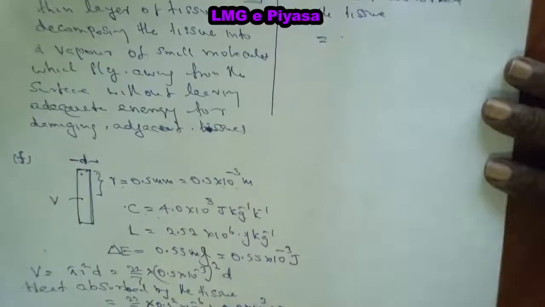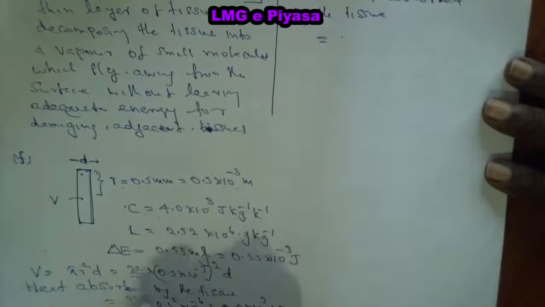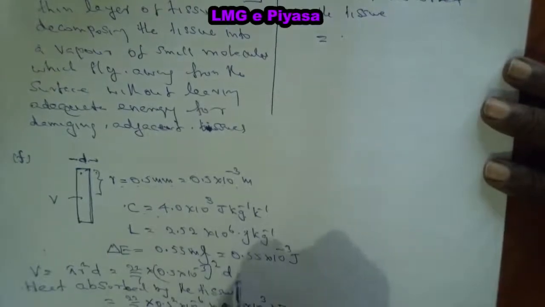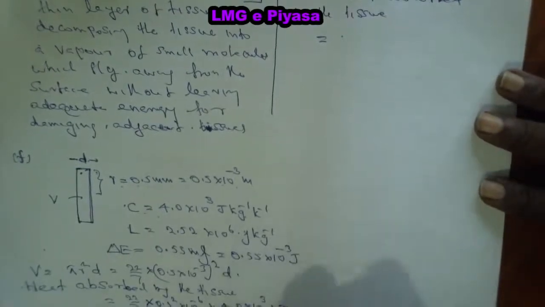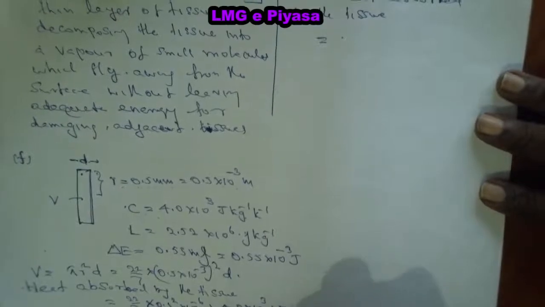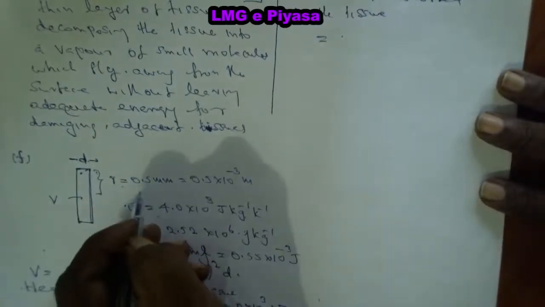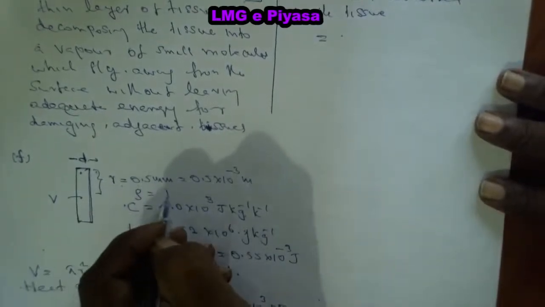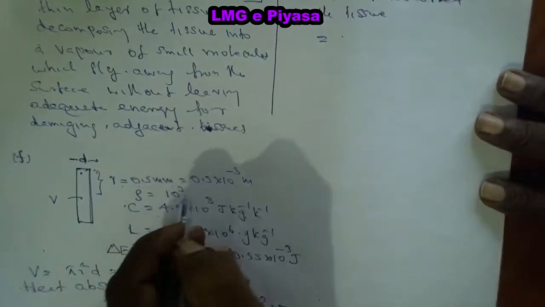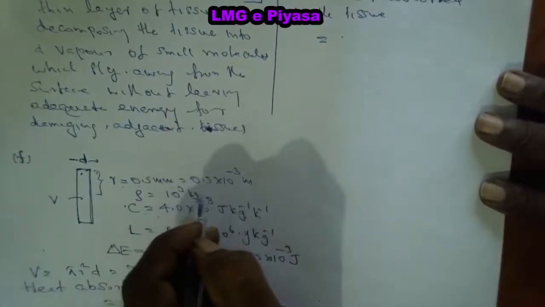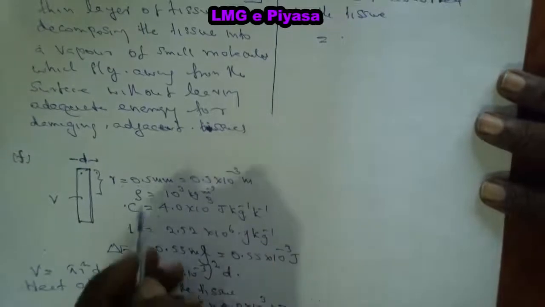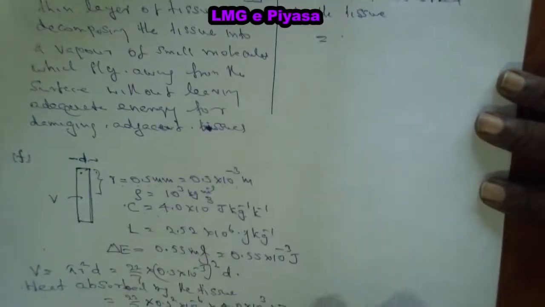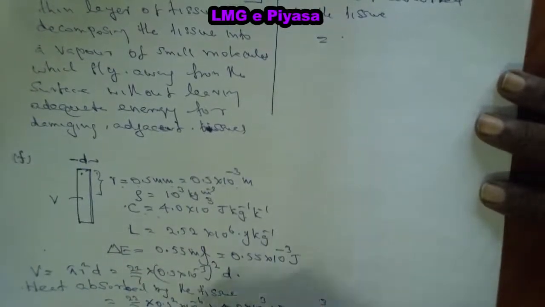Volume into, so you have to multiply by density. Density also given, rho equals 10 to the power of 3 kilogram per cubic meter. So you have 10 to the power of 3, you have to multiply.